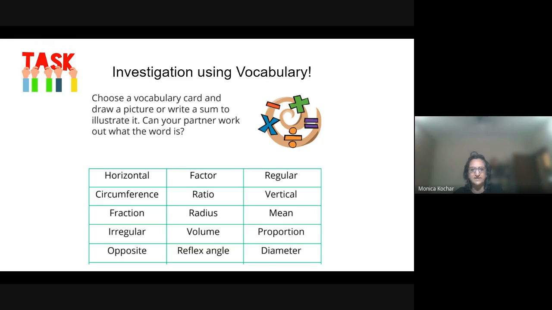So let's say I pick the word volume, and then I have to either draw it or I have to create a problem on volume, and I give that to my partner, and the partner has to guess. But this can also be simply a homework: choose the vocabulary of this chapter, draw a picture and write a problem based on this word, and that's the homework or the classwork or the formative.